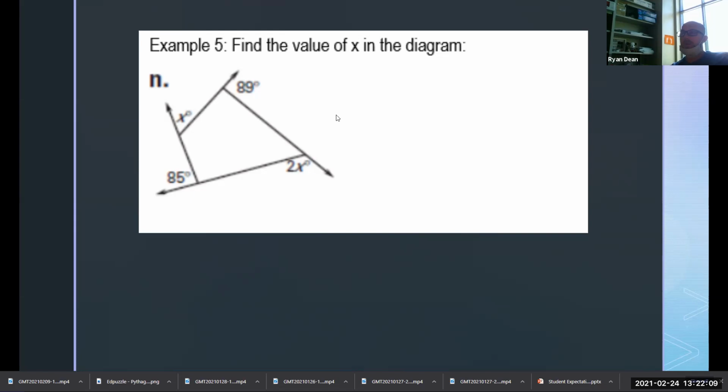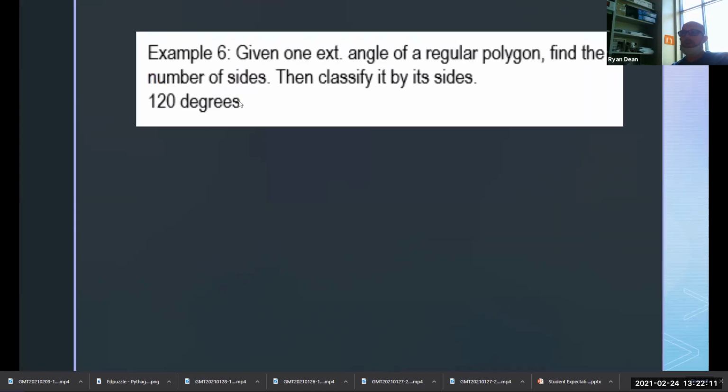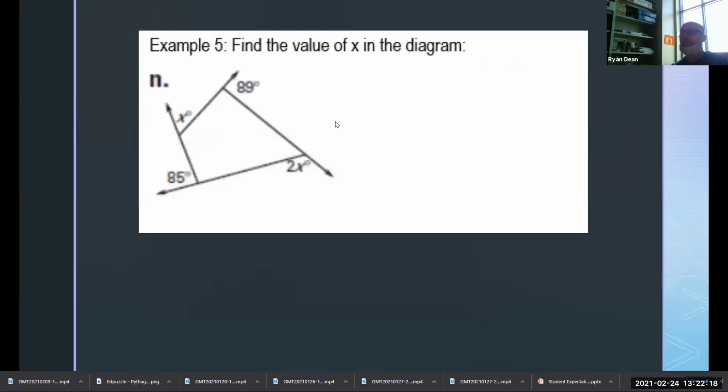And then once you do that, you do exactly what we did in example 5: you take the sum, and then whatever the angle measures are here, you add them all together and set it equal to the big S.